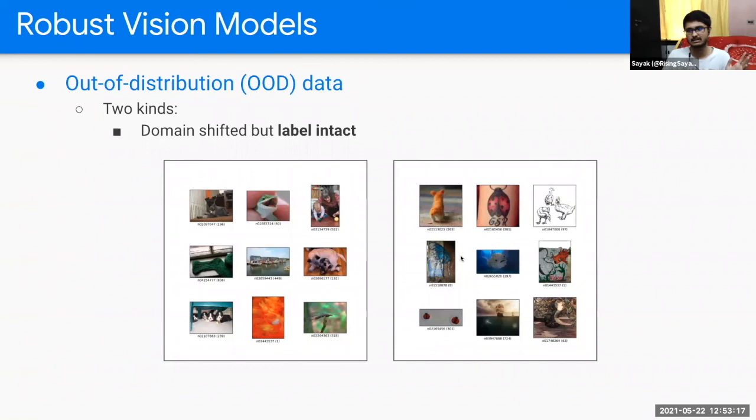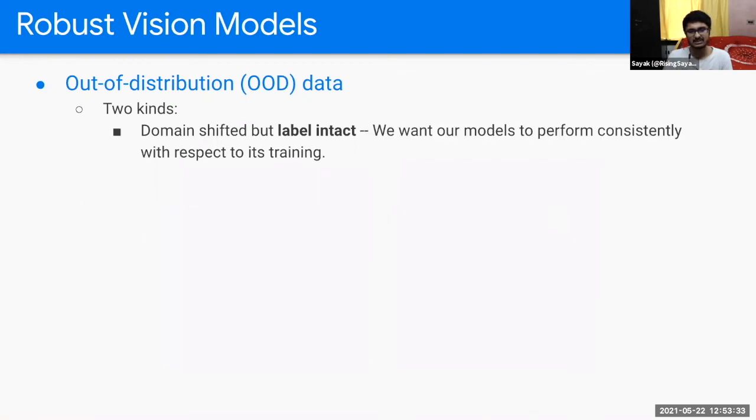So consider this cartoonized image. This is an image of some chicken, right? But on the left hand side we have more naturalistic images, but the labels are the same. Ideally you would want your model to be consistent around these shifts, right? So as I mentioned, we want our models to perform consistently with respect to its training.